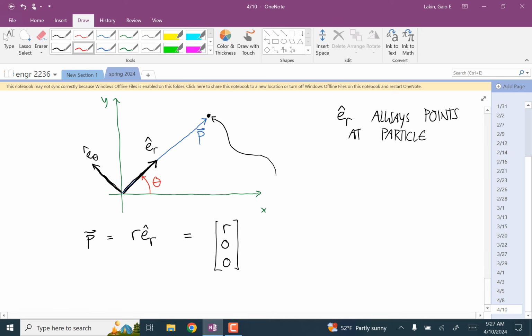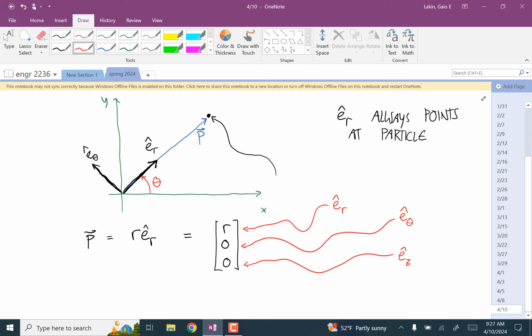The first one is always going to be our e_r location, the second always our e_theta, and this is always going to be our e_z, which is also the z coordinate.